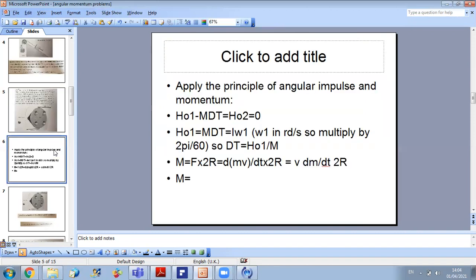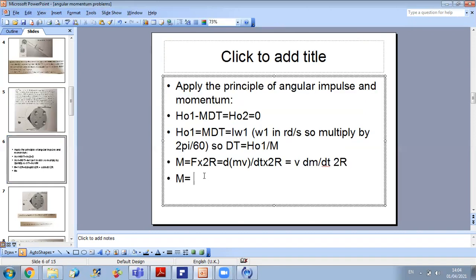So I have 800 times 10 times 10 to the power minus 3 times 2r. In total I have 8 times 2r, which is 16r.